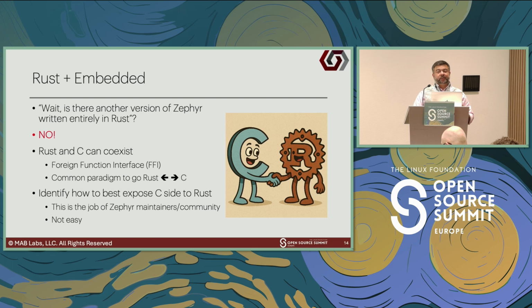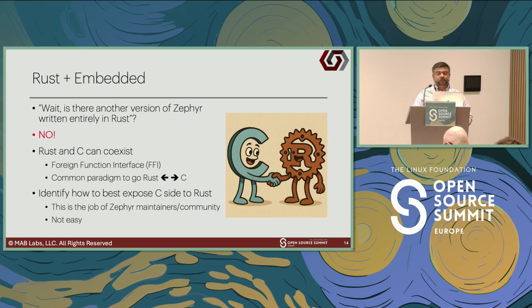And the challenge isn't how do we write Zephyr in Rust. That's not the challenge, because you don't need to reinvent the wheel. If you follow the Linux kernel, they experience the same challenge. How do you figure out where the right boundary is, what the dividing line is between the Rust side and the C side in Zephyr?